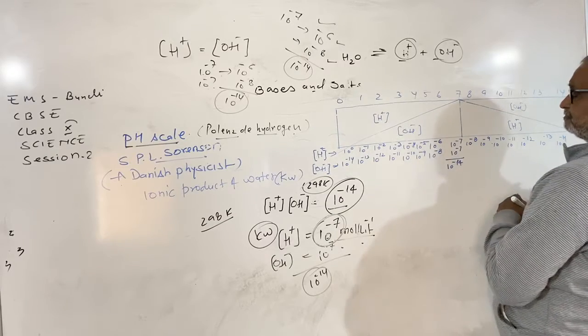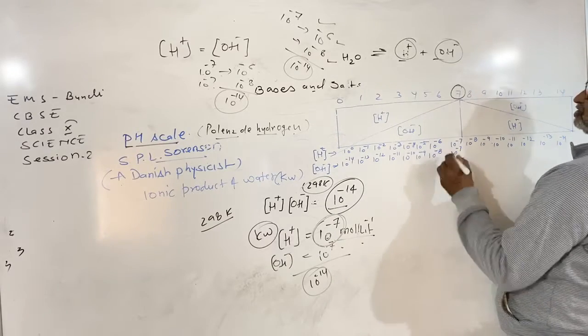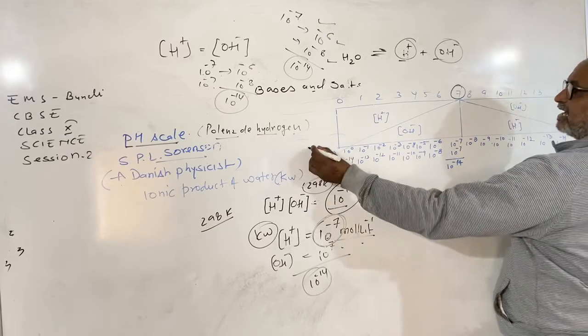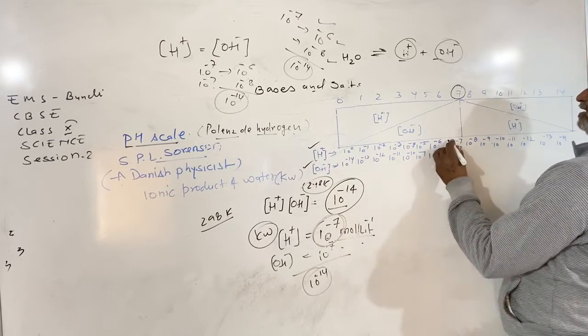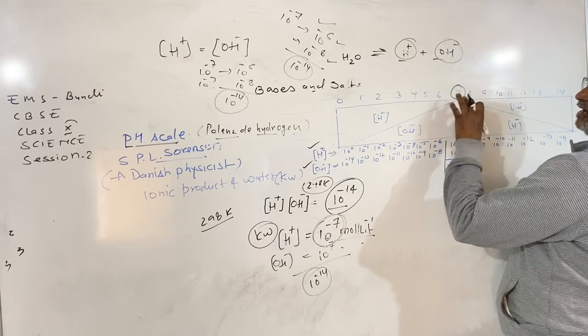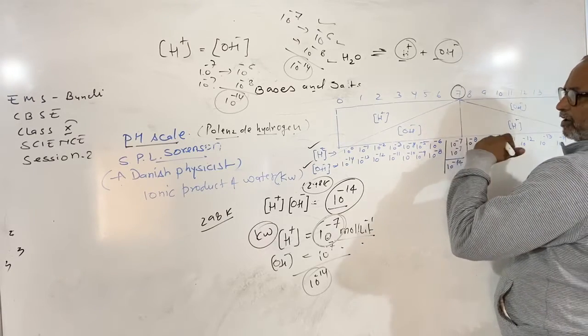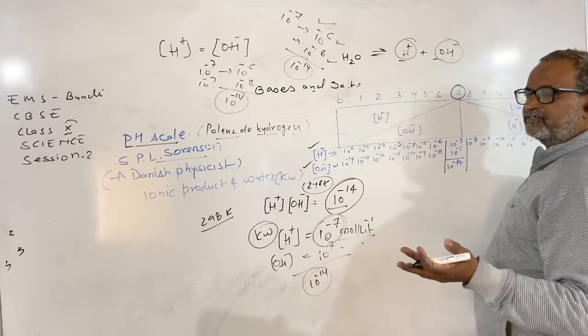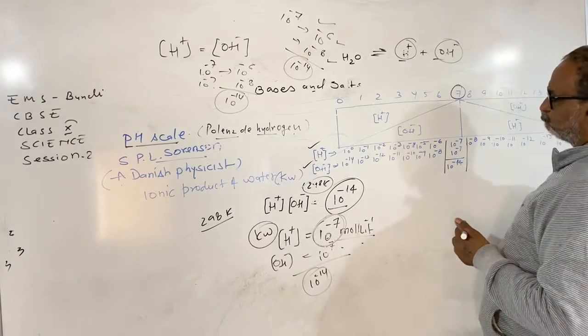At pH 7, a solution contains hydrogen ion and hydroxide ion in equal concentration, and it is neutral, it neither has effect on blue litmus paper nor red litmus paper.